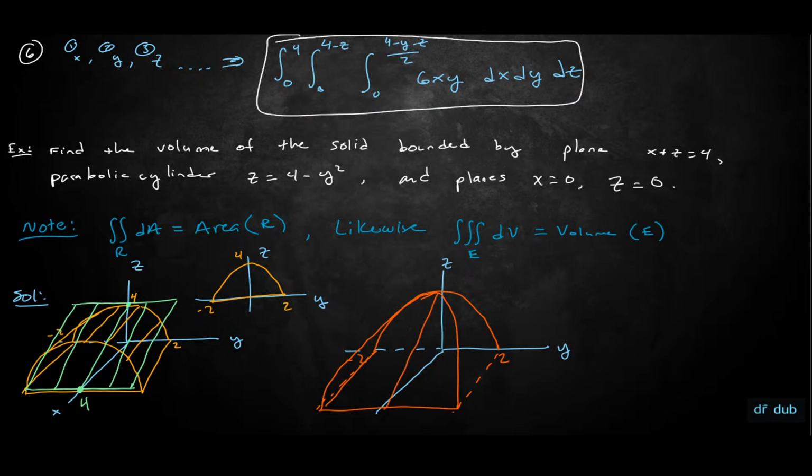It looks something like that, where this front face is completely flat. This plane right here is completely flat, and that's the plane x plus z equals 4.